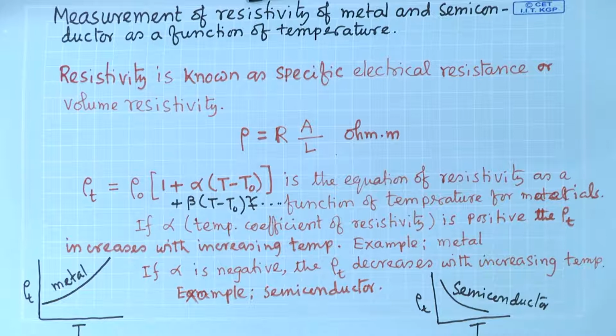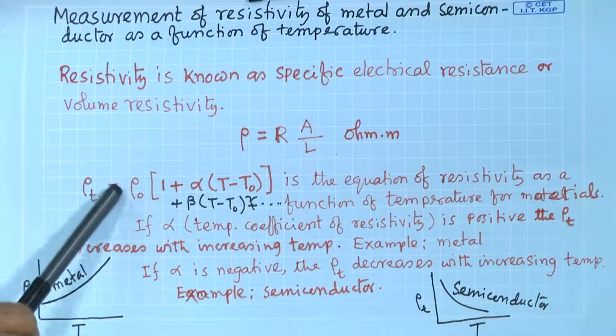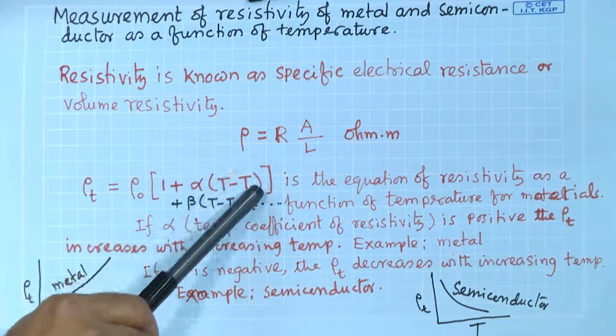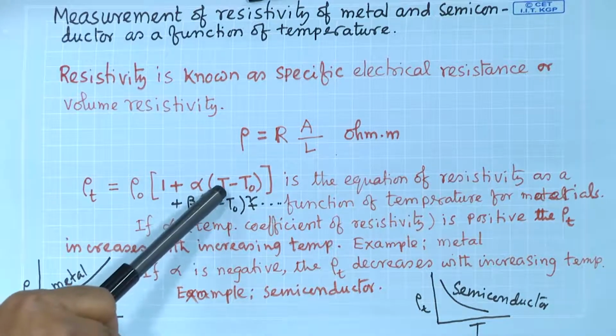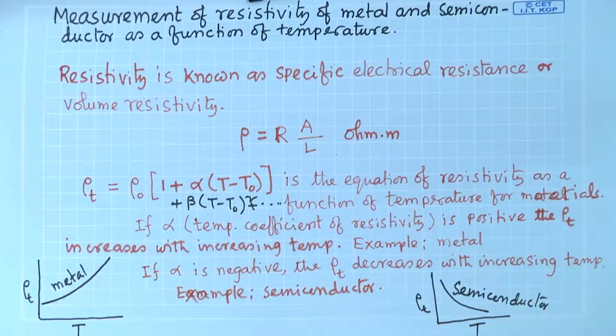At the initial temperature the resistivity is rho 0, and that temperature is T 0, and now I am changing the temperature from T 0 to T. It can be a higher temperature or a lower temperature.